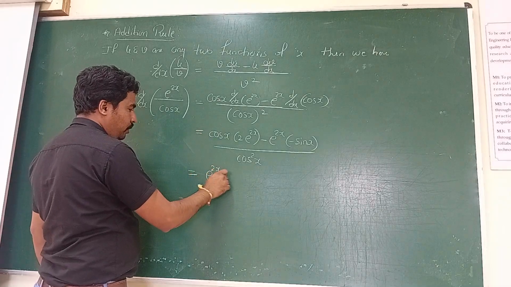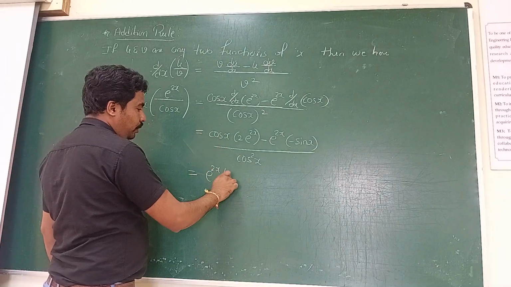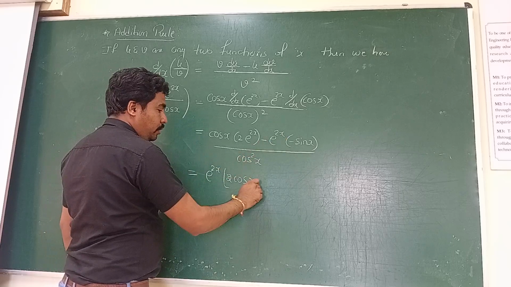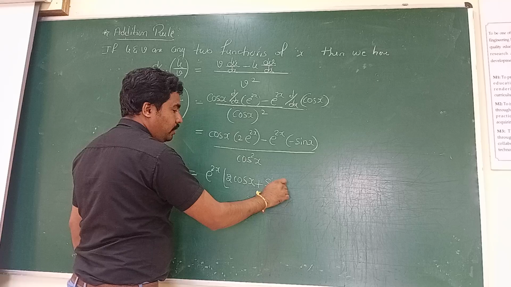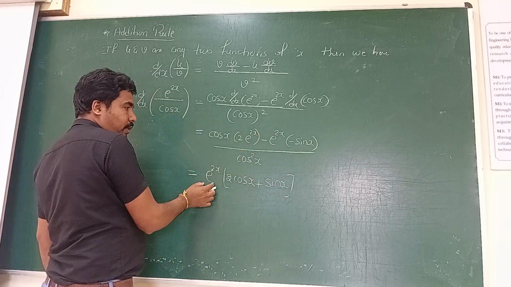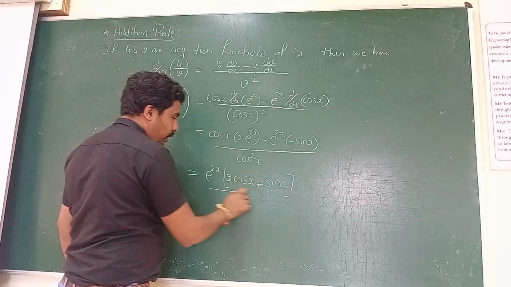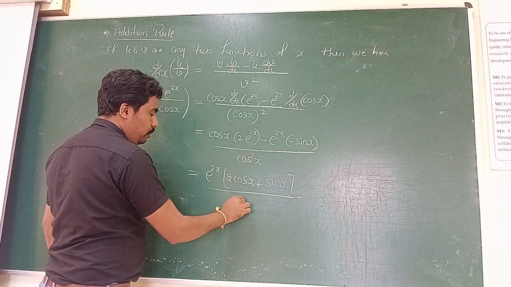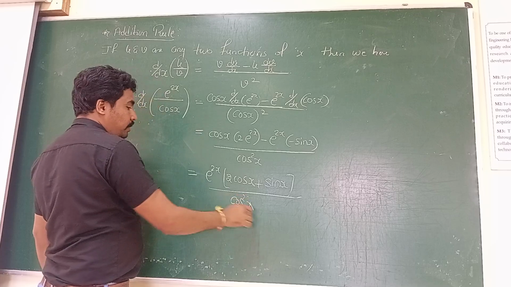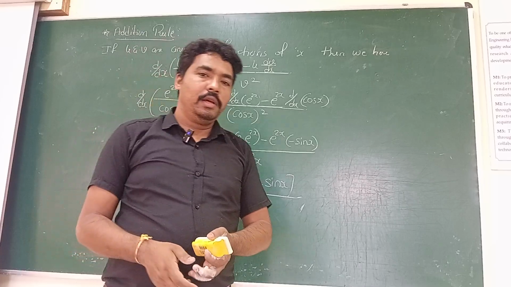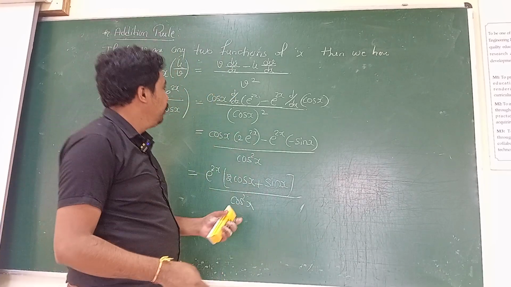If I take e^(2x) outside, what else? 2 cos x, minus into minus becomes plus sin x, because e^(2x) from both the terms I have taken outside, so the remaining terms I am writing here, and this minus minus becomes plus, into cos square x. This is the answer. So this is how we differentiate any two functions of x which are in u by v form.